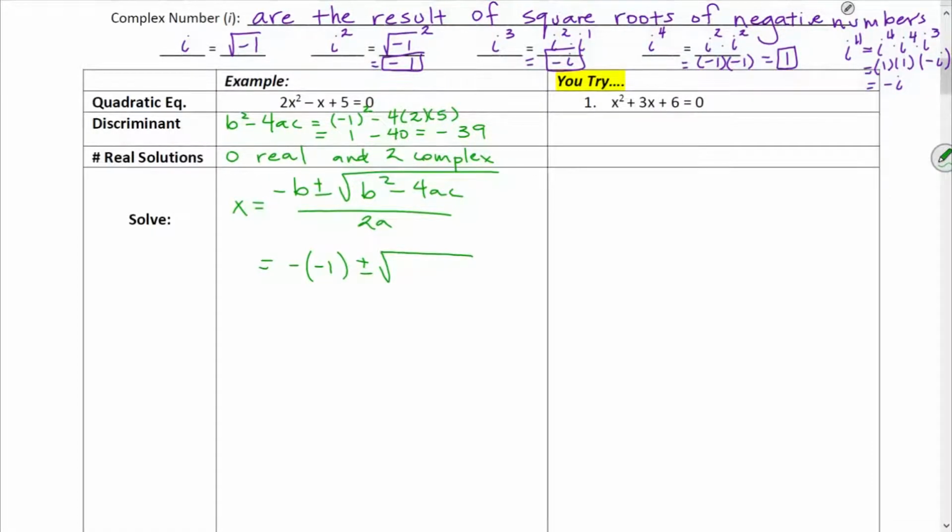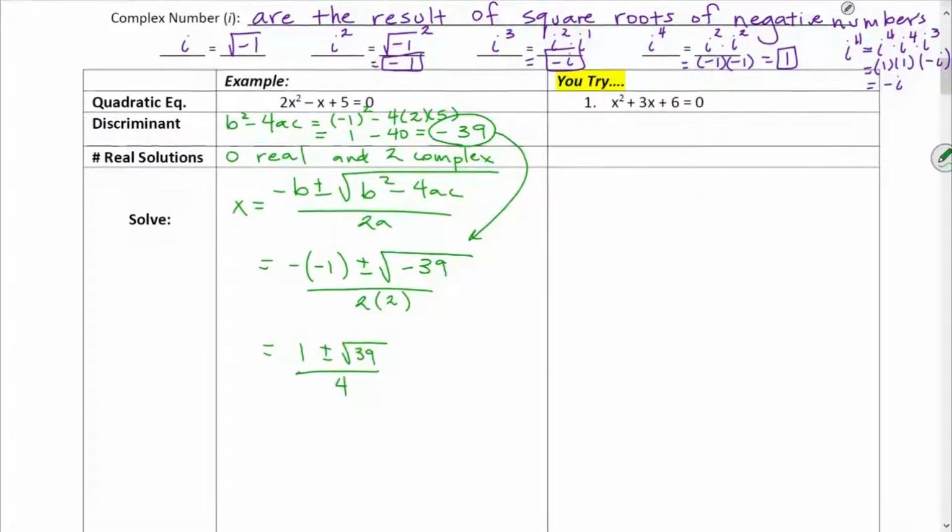But because I did the discriminant, I've already done this. So I'm just going to pull this number right here and put it in there because I've already done that work. All over 2 times a, and a is 2. So I get a -1 is a +1 plus or minus the square root of 39 all over 4.